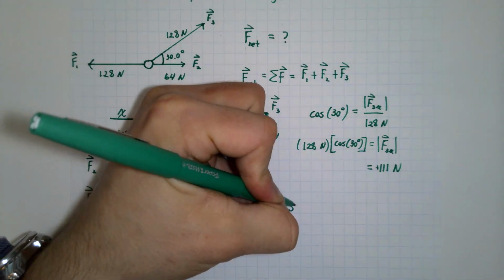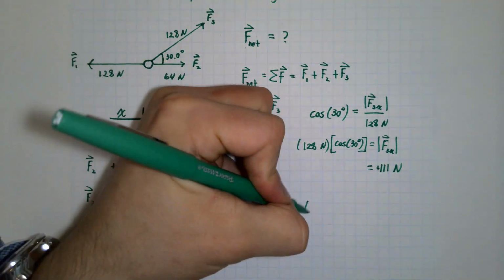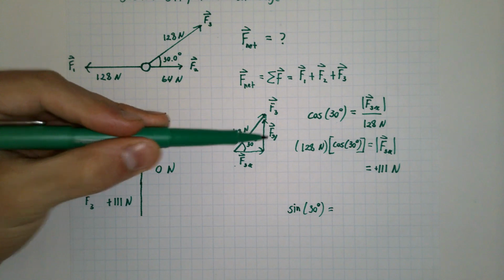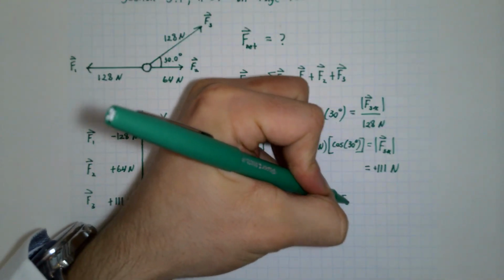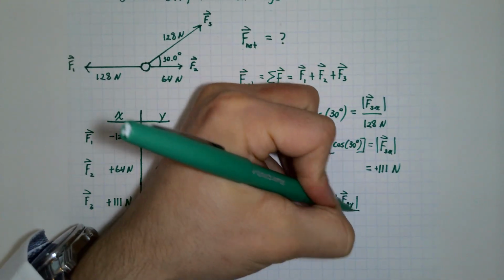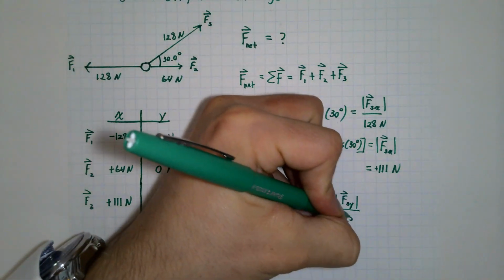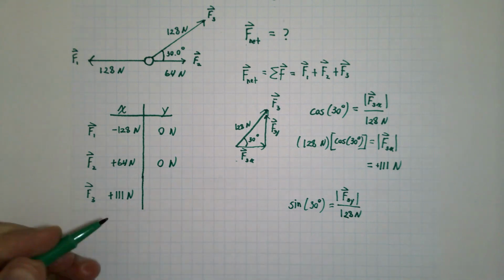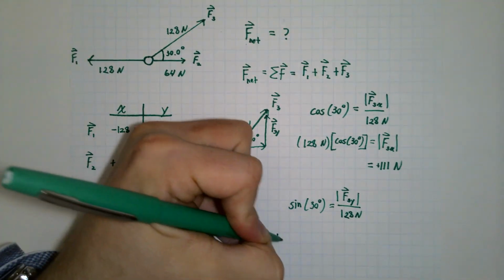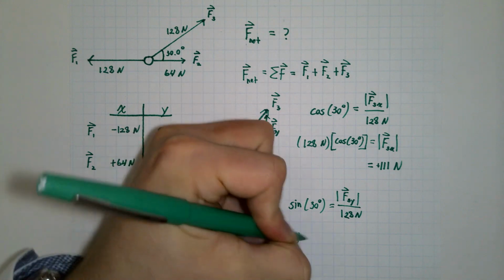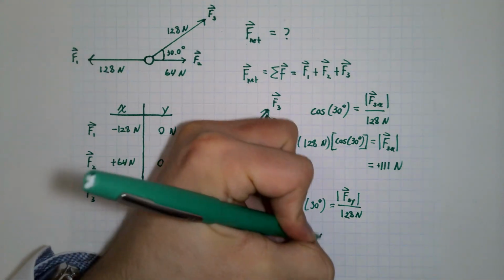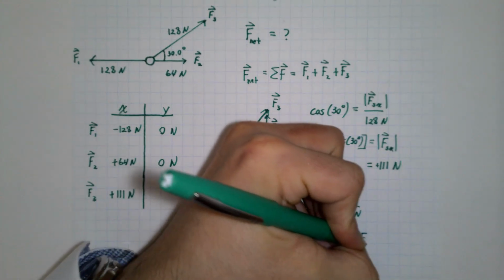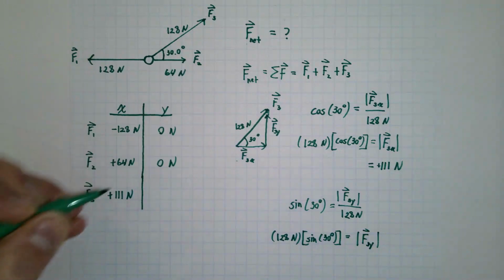So if we take the sine of 30 degrees, that is the opposite side, which in our case right now is the y component of the third force vector, divided by the hypotenuse, 128 again. Doing similar rearrangement here, we see that 128 newtons times the sine of 30 degrees will give us the y component of the third force vector.